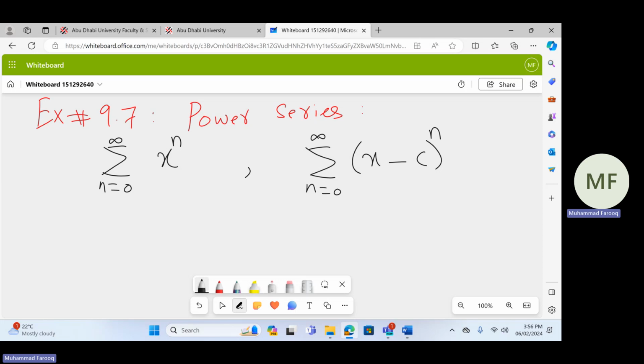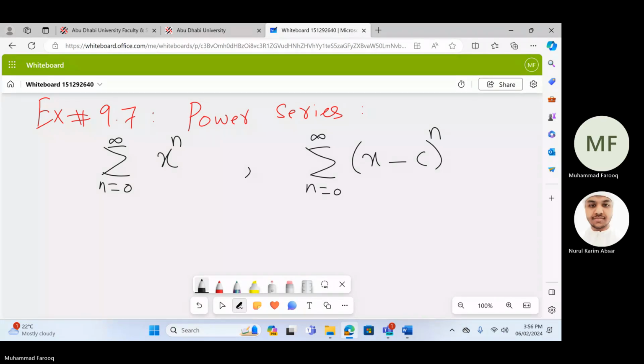So how do we know, or how is the question given to you, that it is a power series? Any other answer? How do you identify this is a power series?